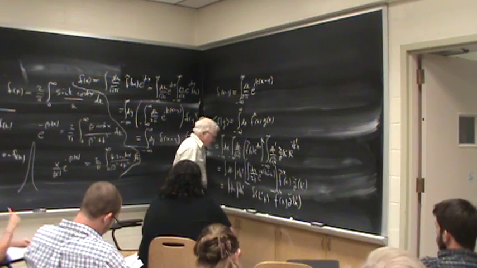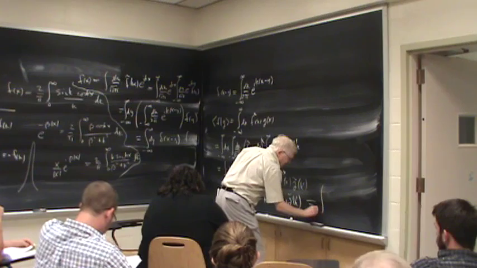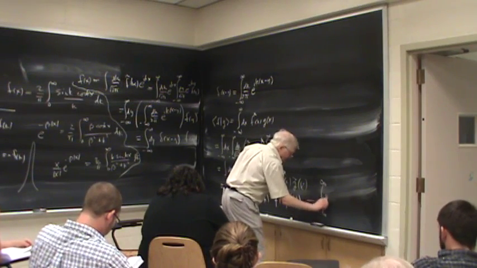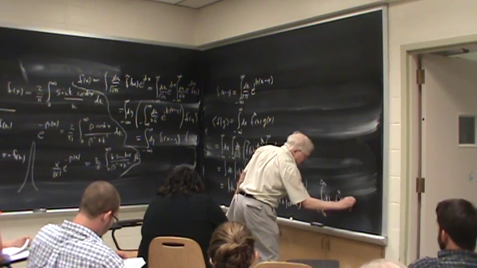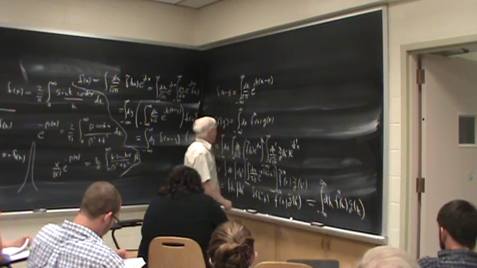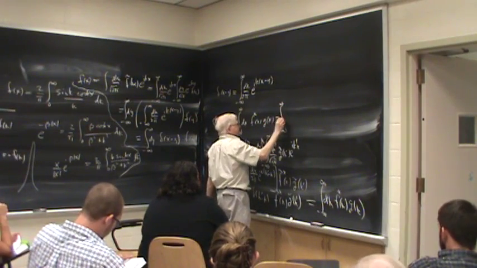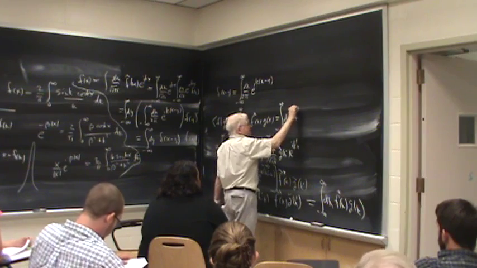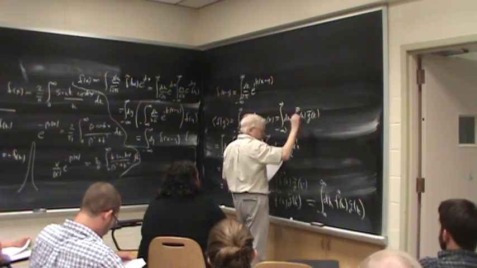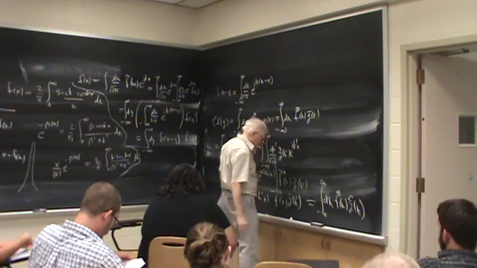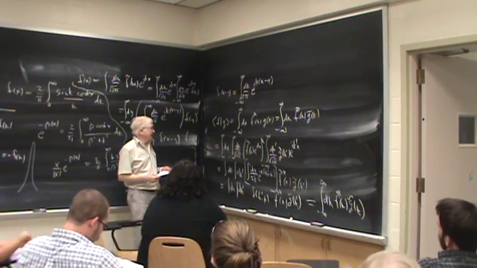And now, using the properties of the delta function to do the integral over k prime, we get that this is the integral minus infinity to plus infinity dk f star of k g tilde of k. And so this is an important relation.